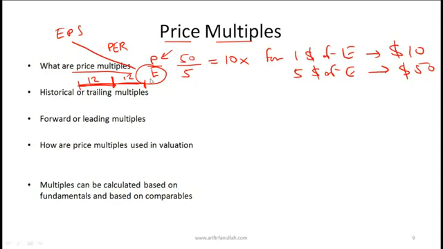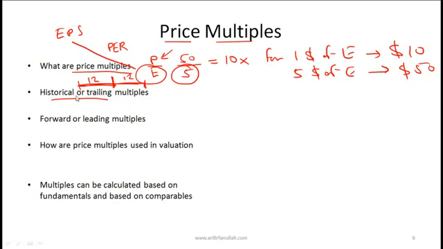When we do the current price divided by the earnings over the last 12 months, that's called a historical or trailing PE ratio, or a historical or trailing multiple. So let's say that this 5 represented the earnings over the last 12 months. Then 10 would be the trailing PE ratio.